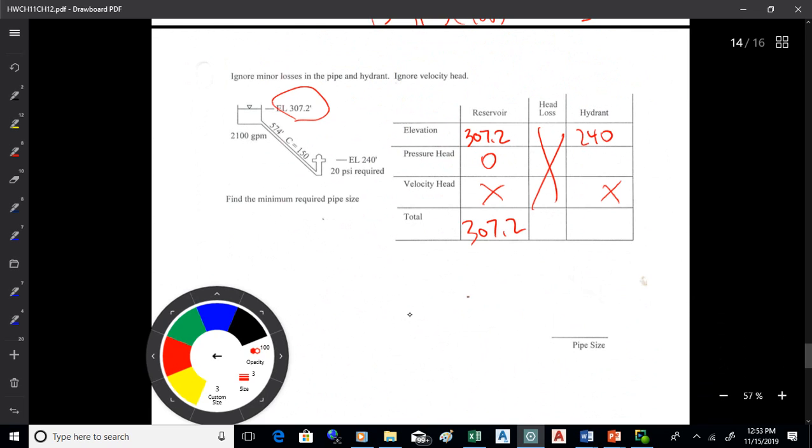The required residual is 46.2, so that's 286.2. We want the difference between those, and it's 21 flat. So if we take the 21 feet of head loss and divide it by 5.74, what we get is 3.66 feet per 100 feet.